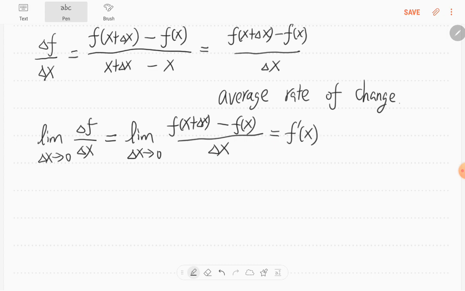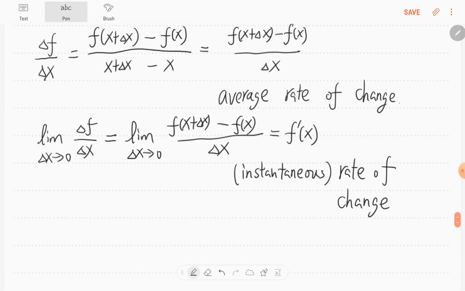So we give it a name, which is called the instantaneous rate of change. Sometimes we just call it the rate of change.